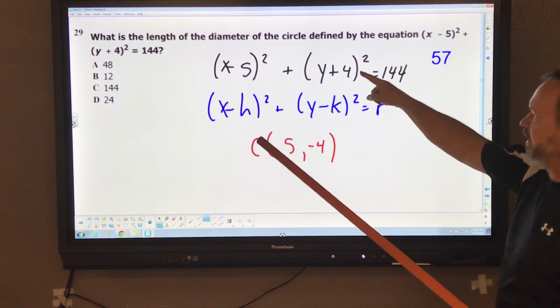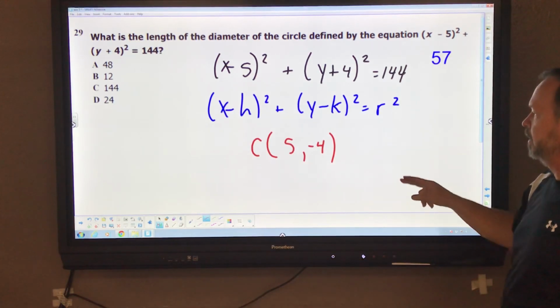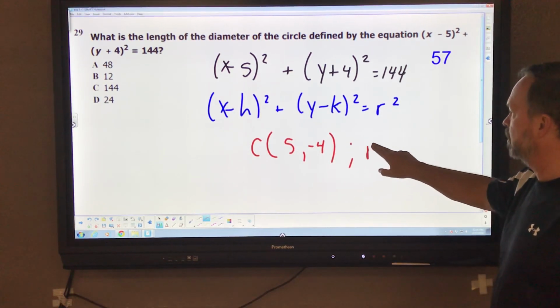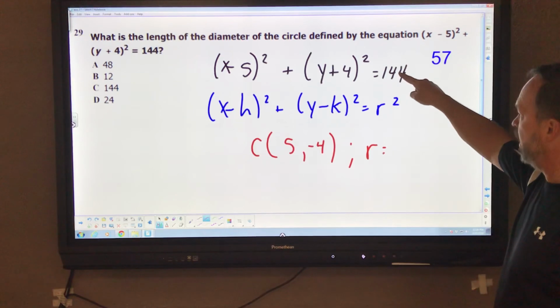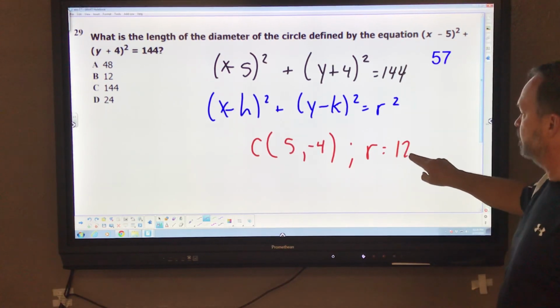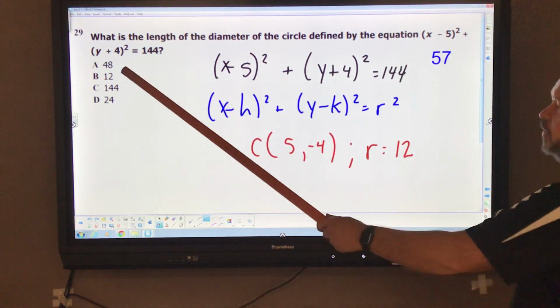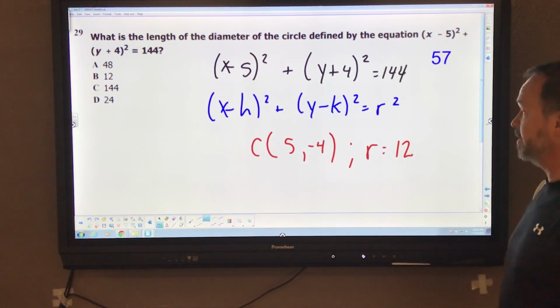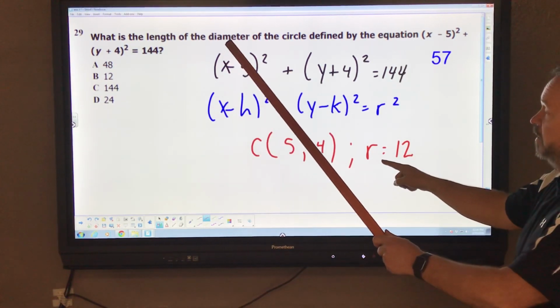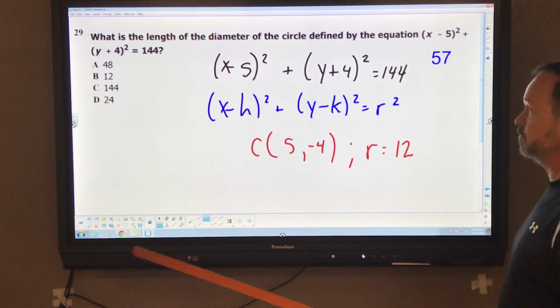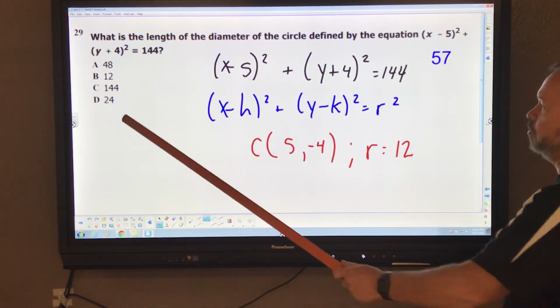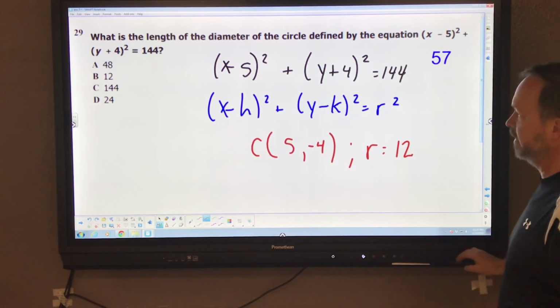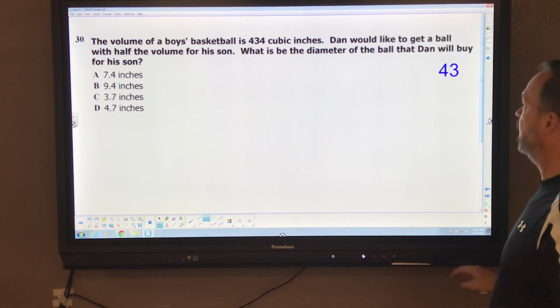Remember, it's opposite sign, this is how it works. And then the radius, since this is r squared, radius is 12. Now that's not the answer to the question, although it is one of the answers to the question, because they didn't ask you for the radius, they asked you for the diameter, so you can see where you can get yourself in trouble there. So if the radius is 12, the diameter is 24. Answer D.